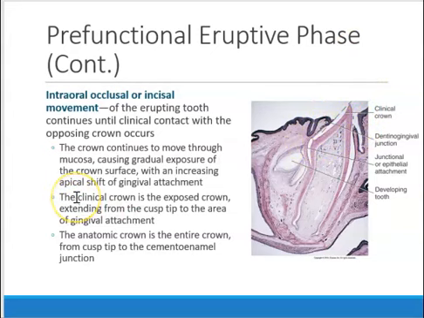Again, just to recap, the difference between clinical crown versus anatomic crown: clinical crown is what you can see inside the mouth. Anatomic crown is the whole crown, which will eventually erupt. The clinical is what you can see.